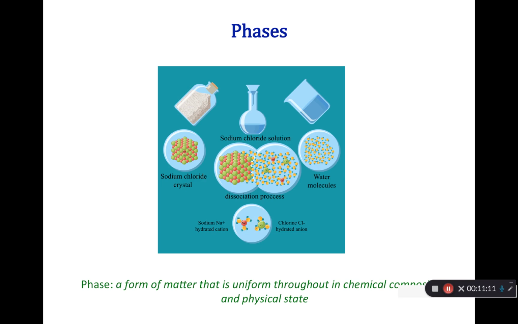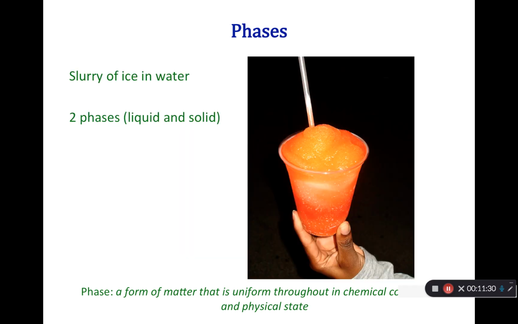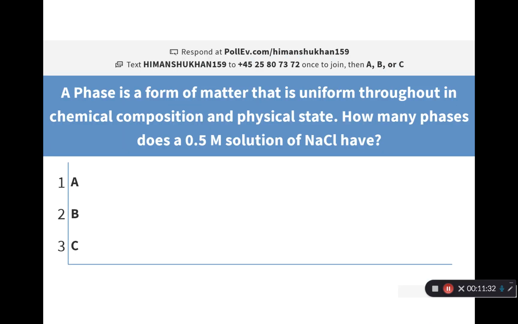Here is a pictorial description of a solution of salt. If you take some salt and some water and dissolve it, all the sodium and chloride ions are eventually surrounded by water. So this is a hydrated sodium ion and this is a hydrated chloride anion. The question is, if a phase is a form of matter that is uniform throughout in chemical composition and physical state, then how many phases does a 0.5 molar solution of sodium chloride have?